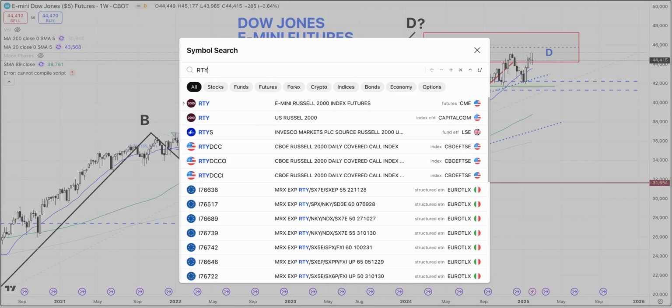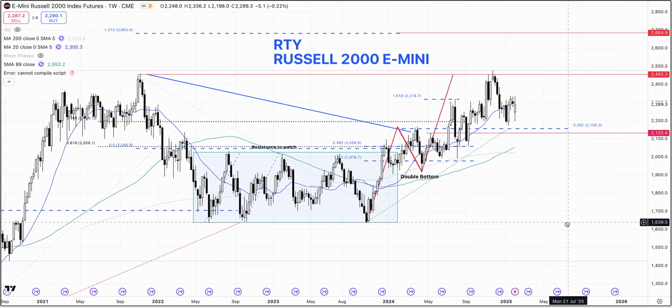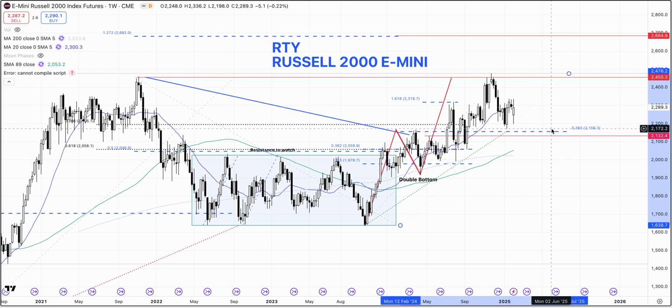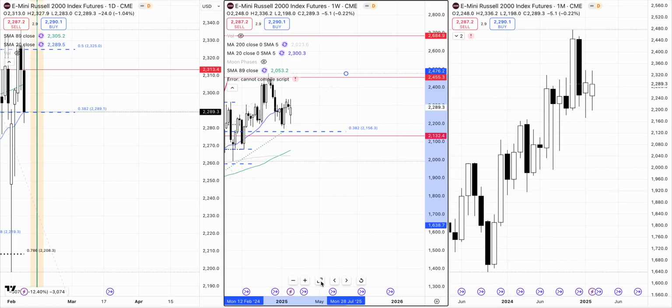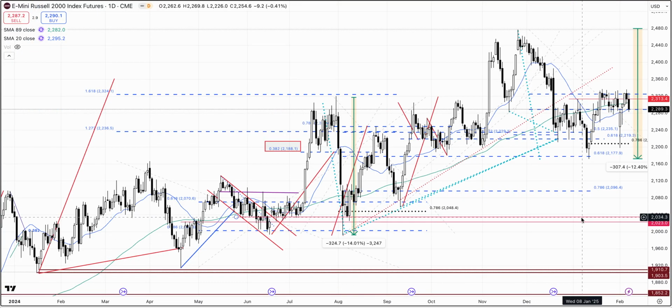And then last but not least, we'll take a look at the Russell 2000 small cap. You can see that the small cap is also range bound right here. It remains slightly above the 38.2% retracement, hugging this 20 week moving average, but really range bound price action on the weekly. And if we take a look at this on the daily chart, here we go.